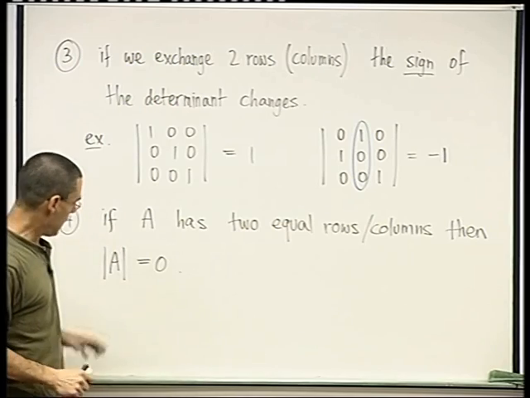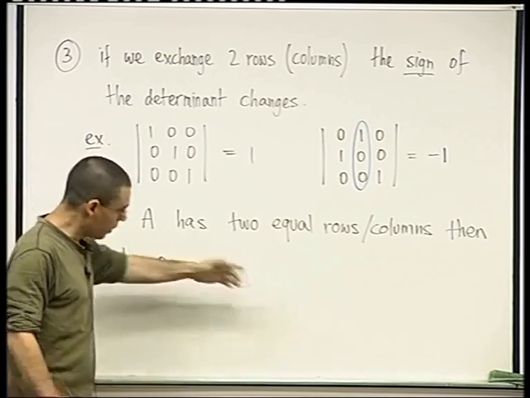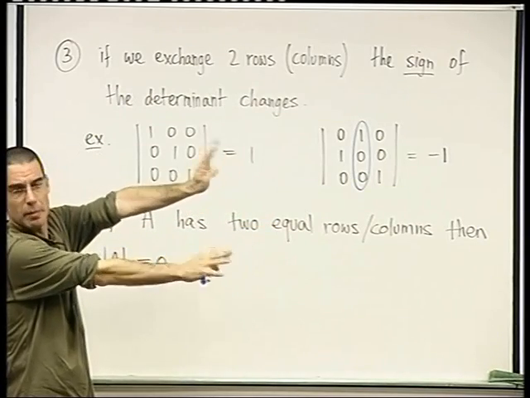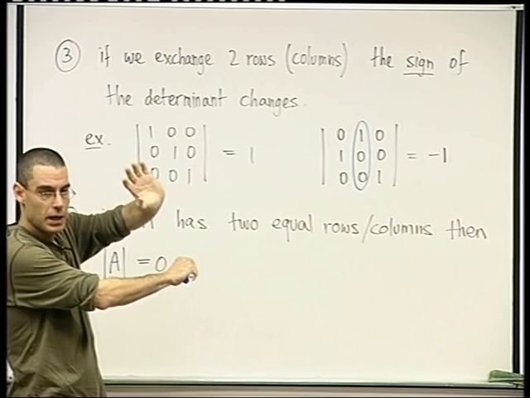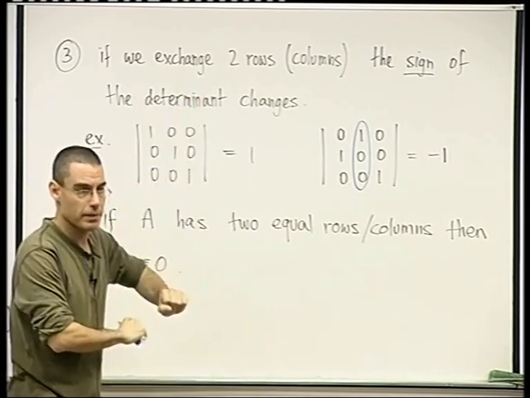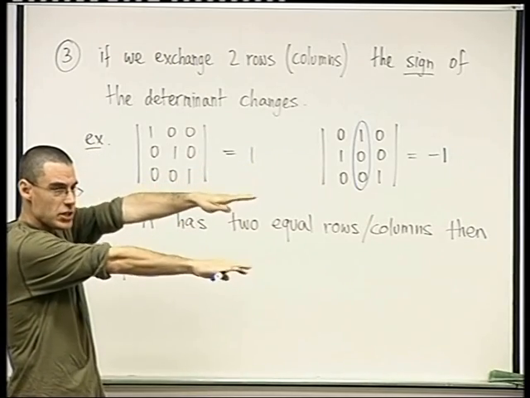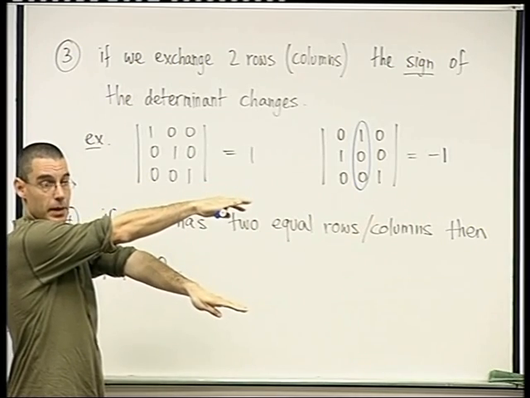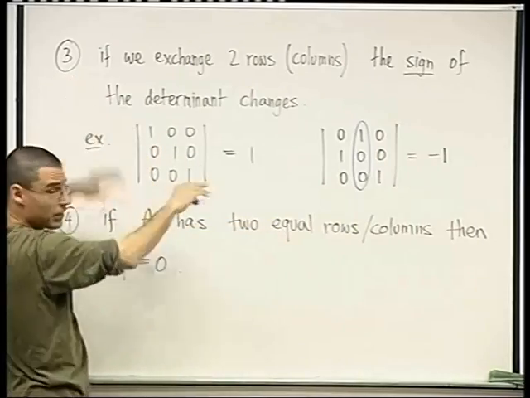I'm justifying it, I'm not going to write it, but here's the idea. Suppose there are 2 equal rows. The determinant is something. Let's call that something S. When I exchange the 2 rows, the determinant is going to become minus whatever it was, because the sign changed by property 3.